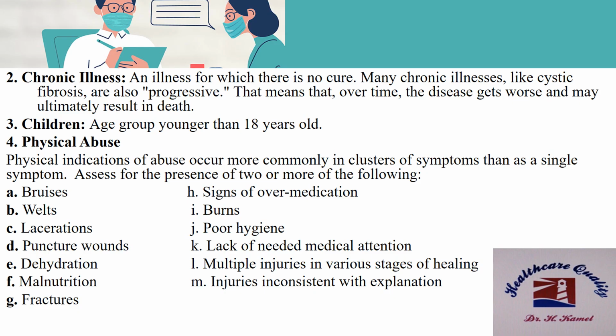Assess for the presence of two or more of the following: bruises, welts, lacerations, puncture wounds, dehydration, malnutrition, fractures, signs of over-medication, burns, poor hygiene, lack of needed medical attention, multiple injuries in various stages of healing, and injuries inconsistent with explanation.